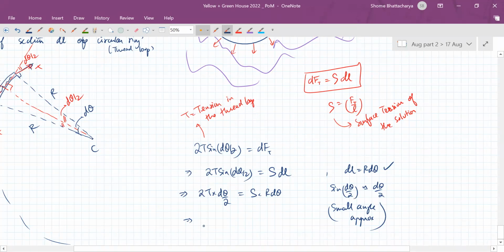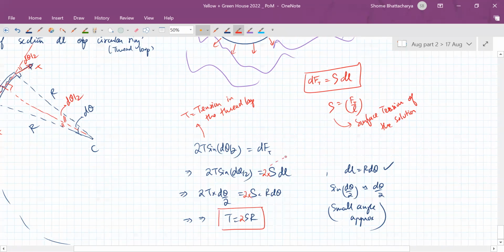Right, so we can see that T becomes S into R. Only there will be a factor of 2 over here. I'll tell you why there will be a factor of 2, because there are two surfaces which are in contact, the upper surface and the lower surface.